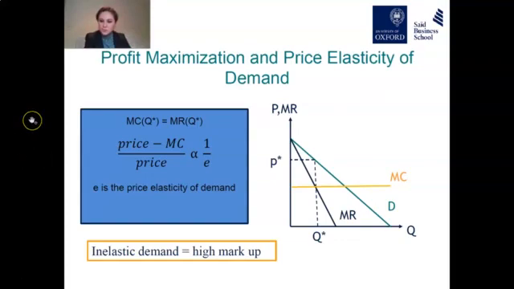Then such a firm, even if it's a monopoly, is not going to be able to enjoy a high markup. Because if they increase the price even 1%, because the demand is so elastic, the quantity is going to shrink substantially. So it's not going to be in their interest to increase the price, because they're losing a lot from the quantity side.